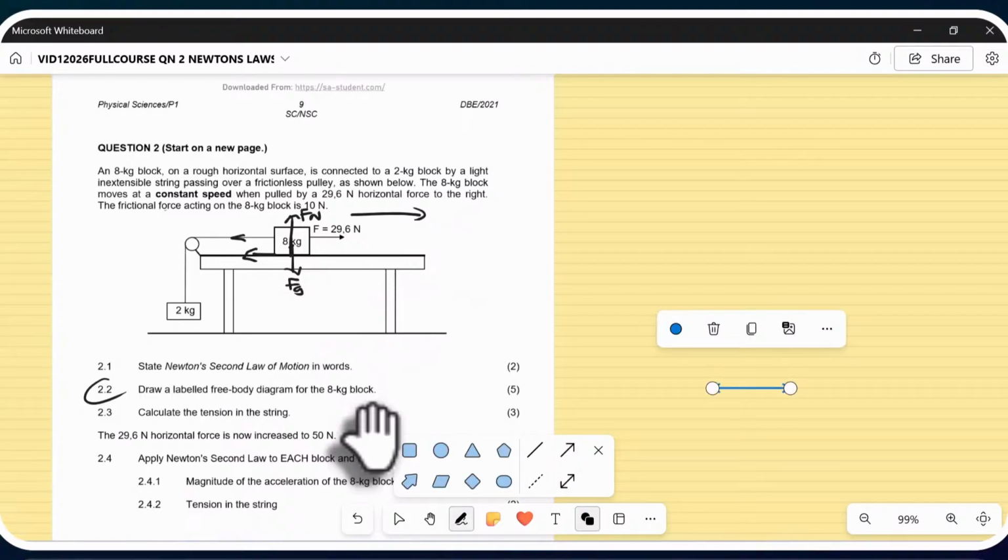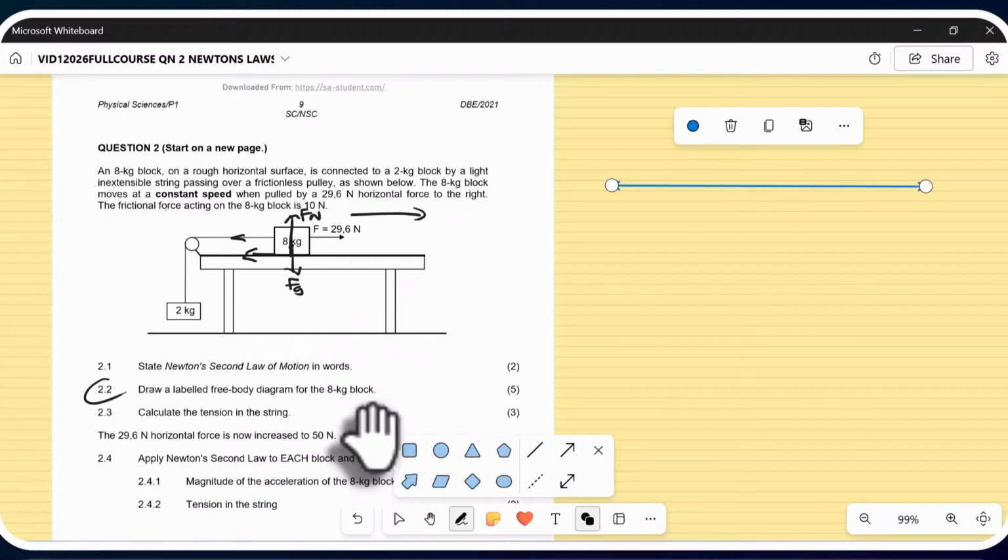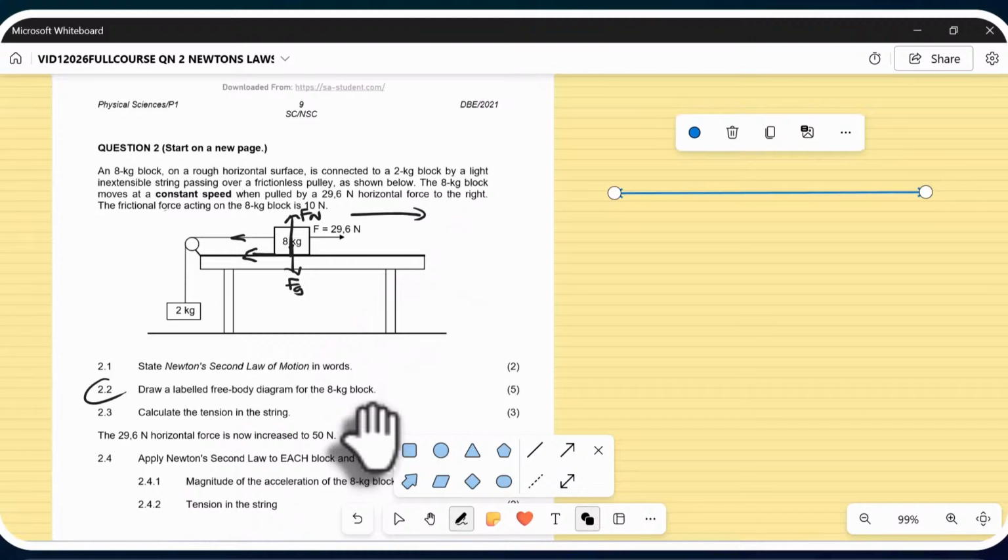Here we have the applied force, which is horizontal, being opposed by the tension force and frictional force. So we have the applied force, which is the 29,6.